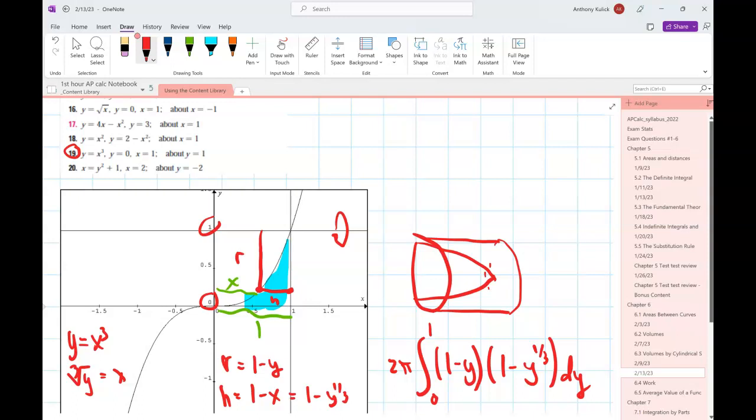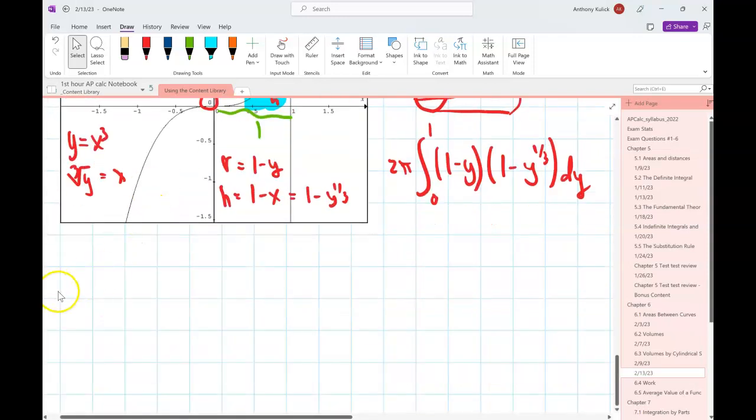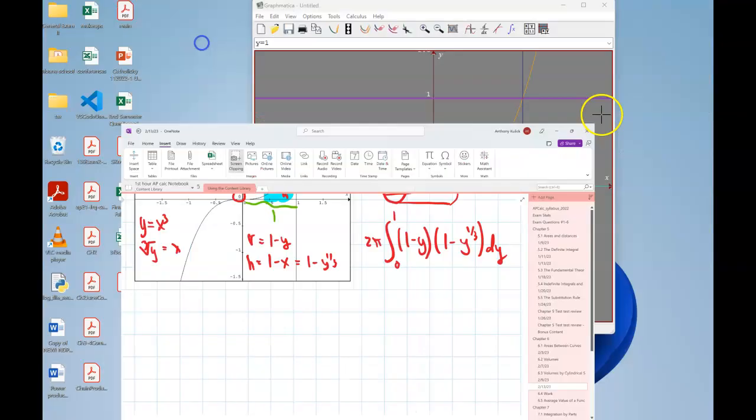What do you guys think? You ready to try doing some of these figure out what you need to use problems? Okay. So let me drop these in.